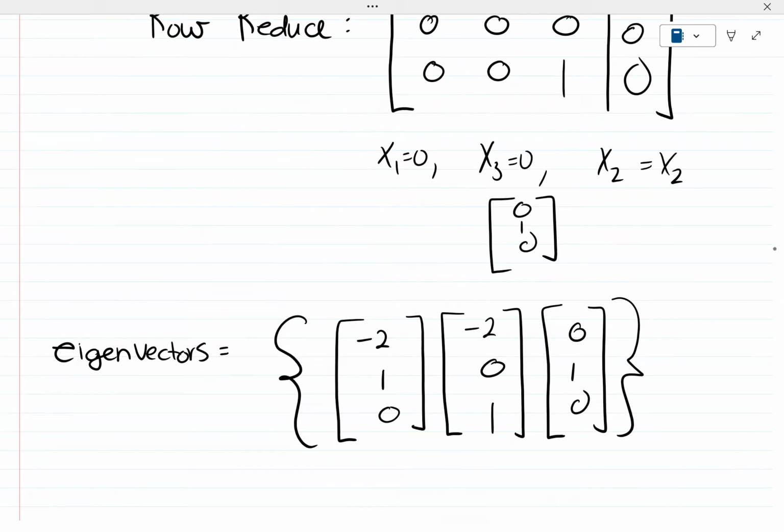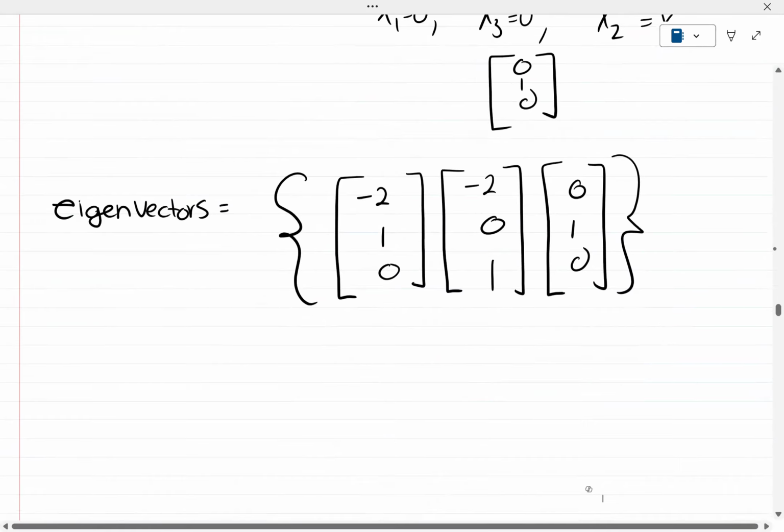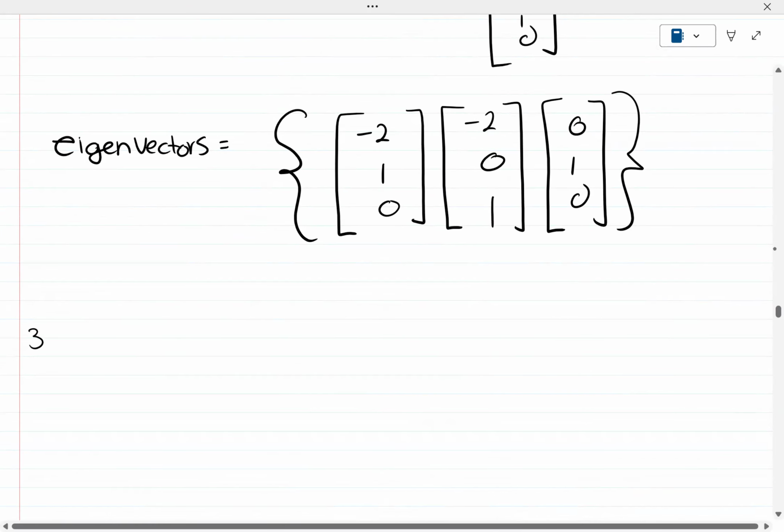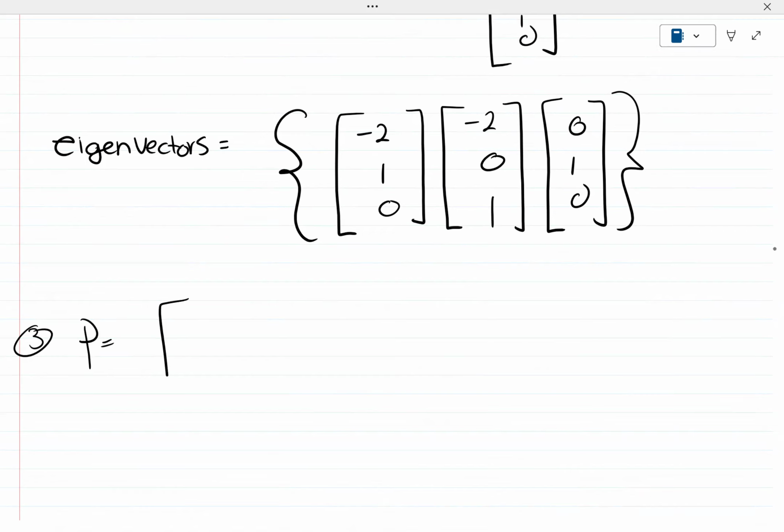Now, step 3, we have to find our P. Okay, step 3, our P was the matrix -2, 1, 0, -2, 0, 1, 0, 1, 0.